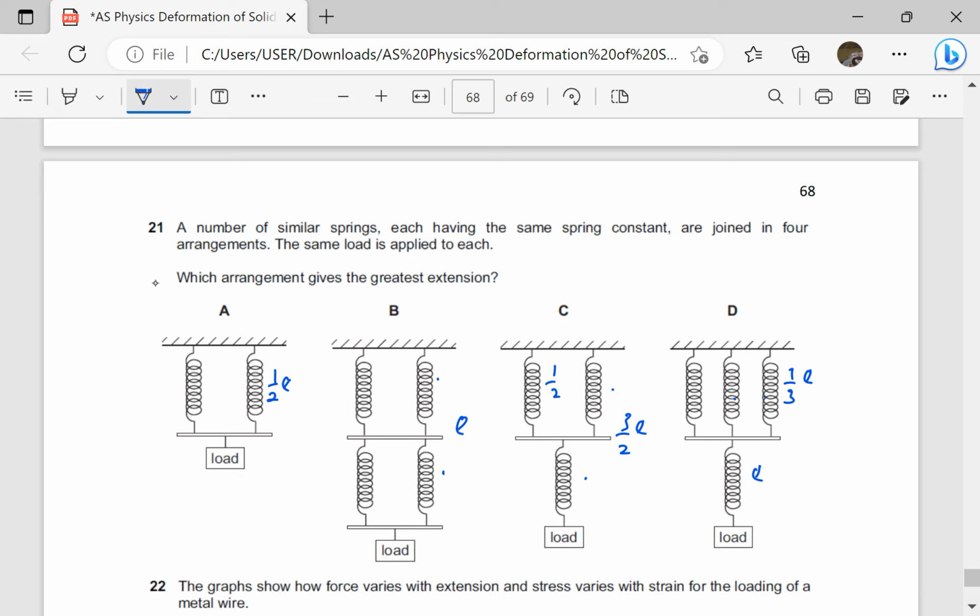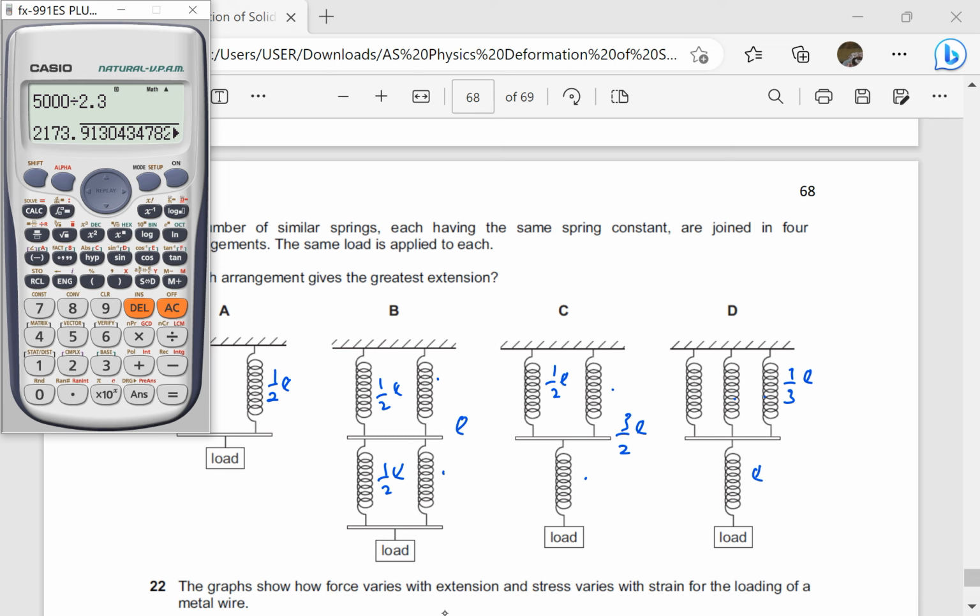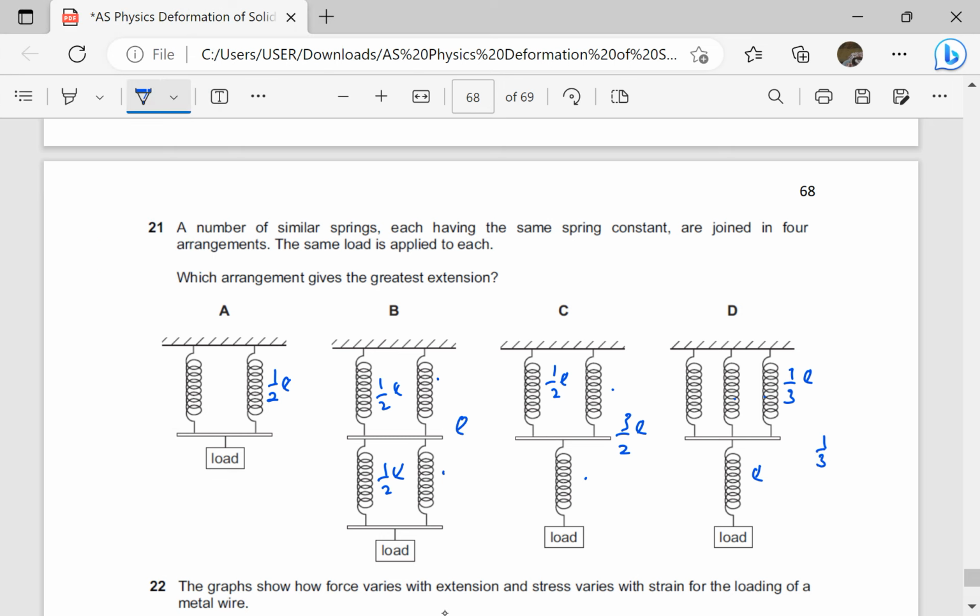Here I said it is a half E plus a half E, which is E. So a third E plus E. LCM is 3, so we have E plus 3E, that gives us 4E over 3.